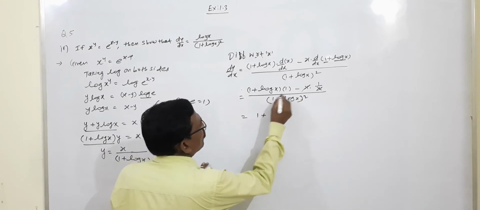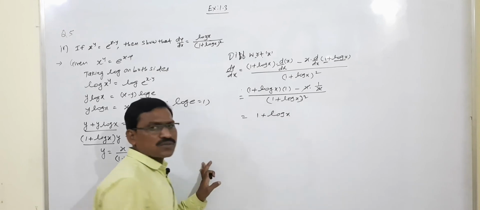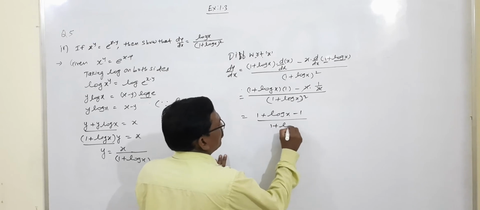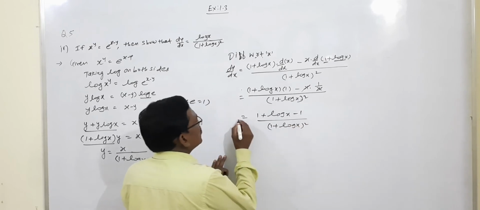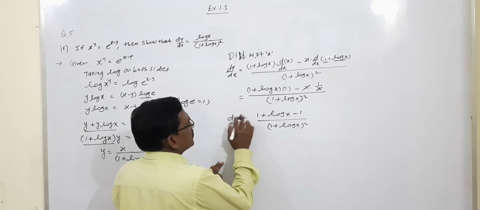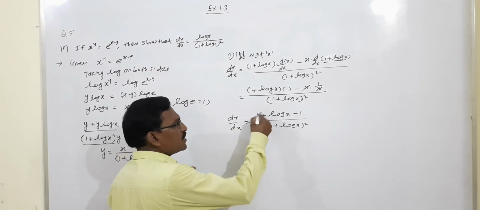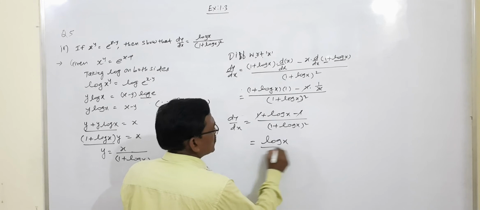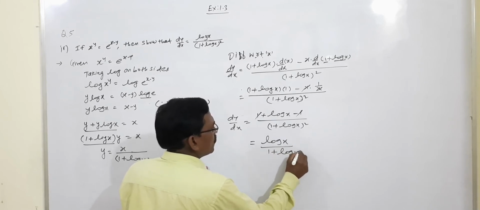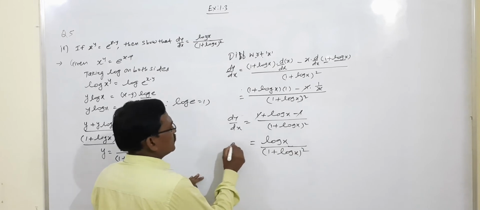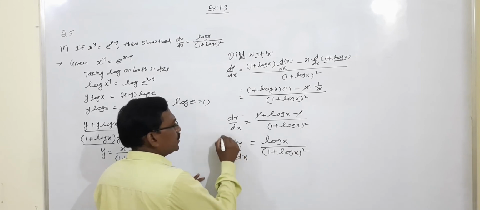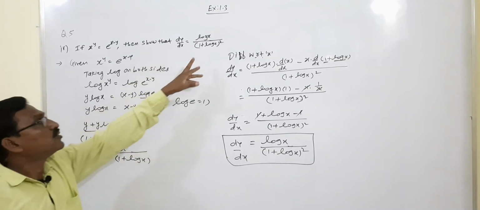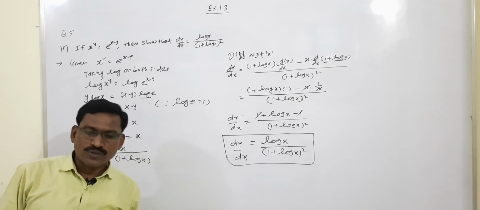It is only 1 plus log x into 1, it is 1 plus log x only, and this minus 1 only, divided by 1 plus log x whole square. This is dy by dx. Now this plus 1 and minus 1 will get cancelled, and therefore it is only log x divided by 1 plus log x whole square. This is equal to dy by dx, and hence we have shown that dy by dx is equal to log x upon 1 plus log x whole square.